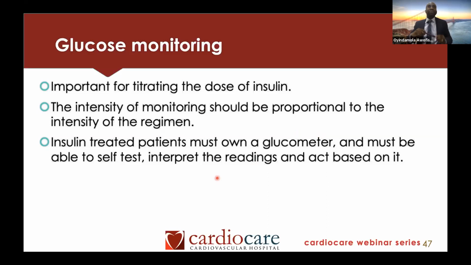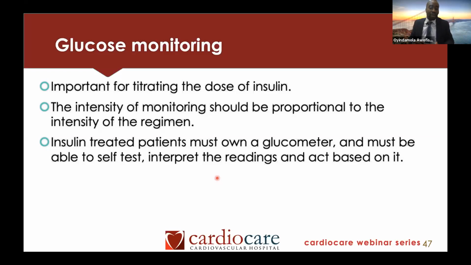Okay, and that's why if you admitted the patient with hypoglycemic emergencies, for example, and you're discharging the patient on an insulin regimen, either short-term or long-term, they actually have to own the glucometer and start using it on admission before they are discharged. That's the only way you can discharge them safely on insulin. It's not like they will get home before they start buying the glucometer. That will not work.